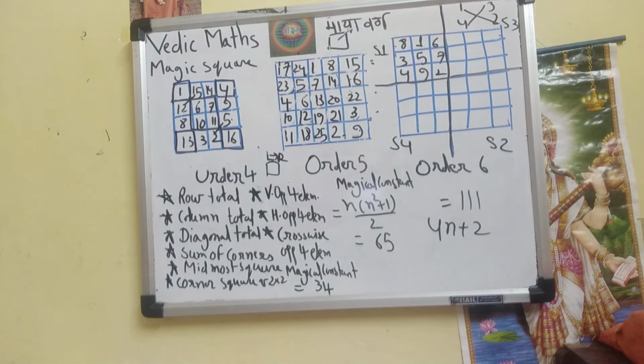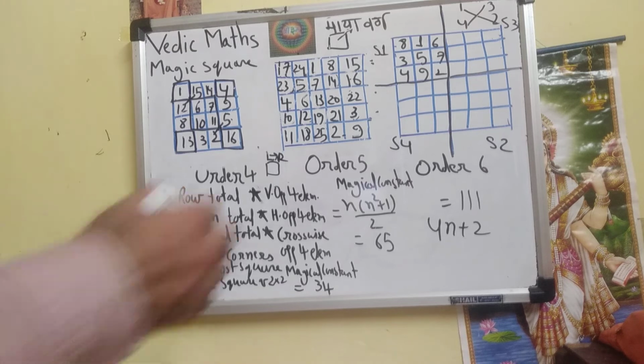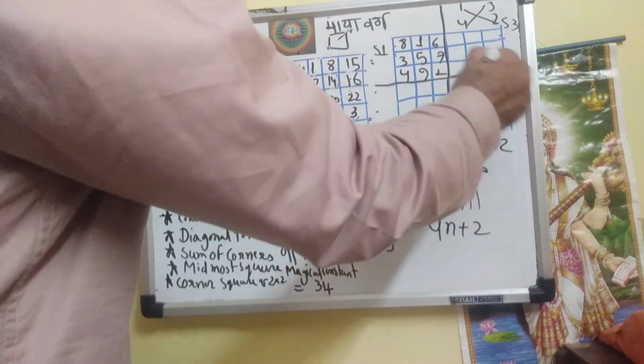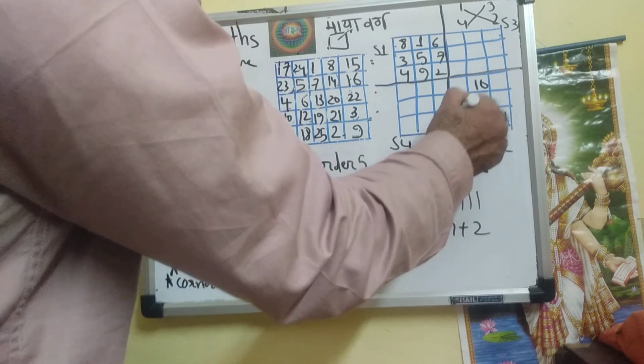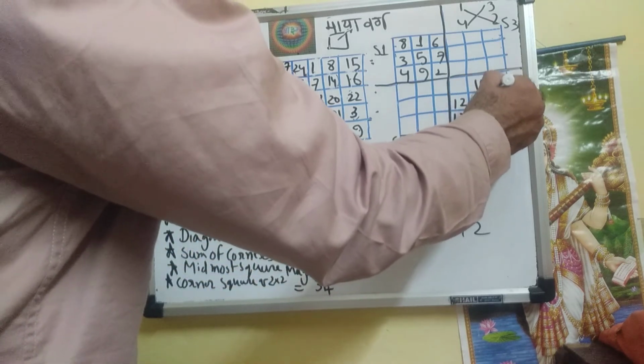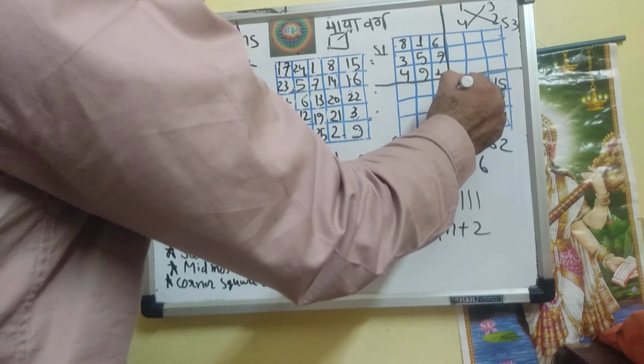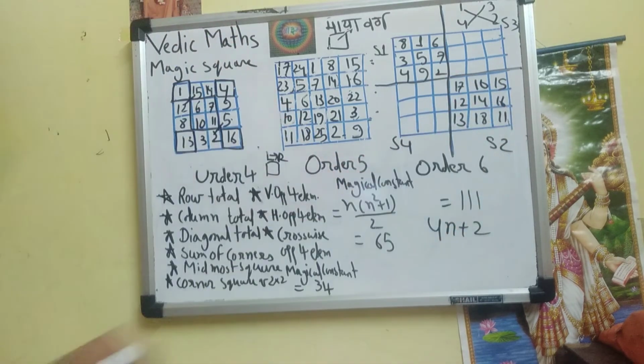Then the next entry 10 will be the first entry of square number 2, and again fill this 3 by 3 order square. 10, 11, 12, 13, 14, 15, 16, 17, 18. Whenever a multiple of 3 occurs, or a number divisible by 3 occurs, then come in the downward cell.